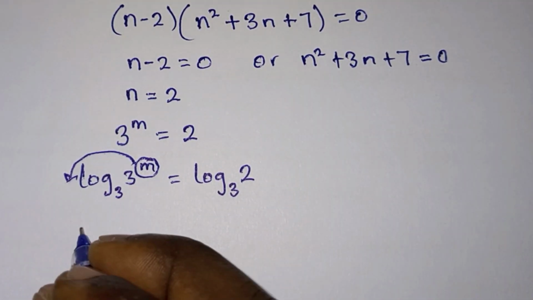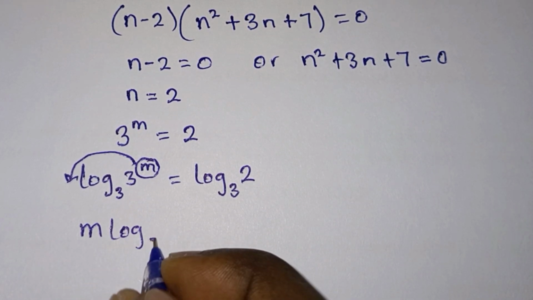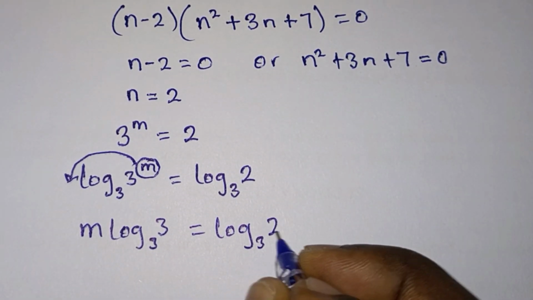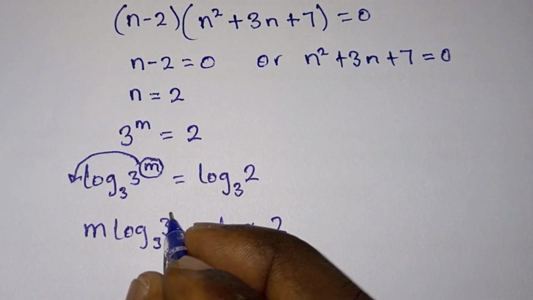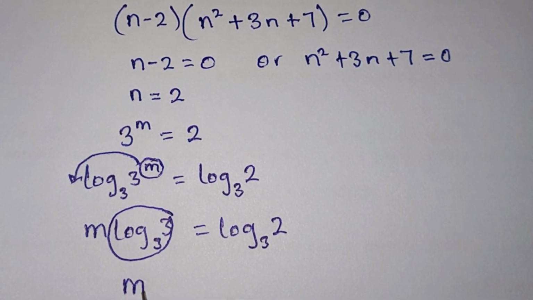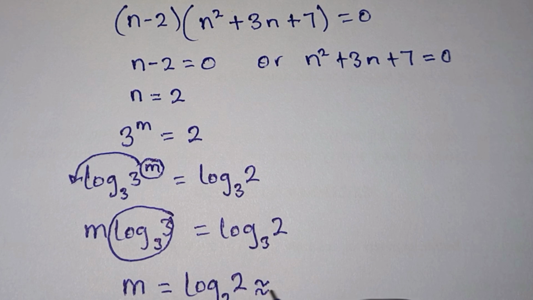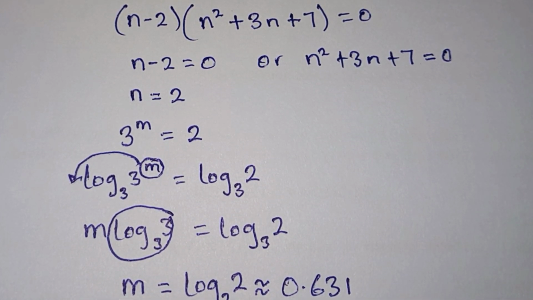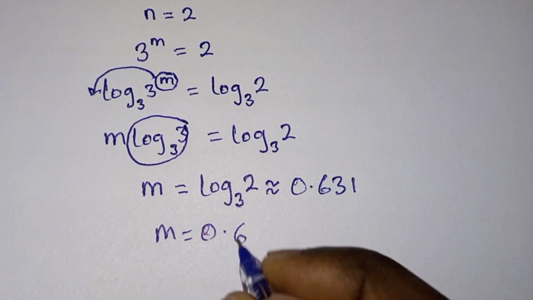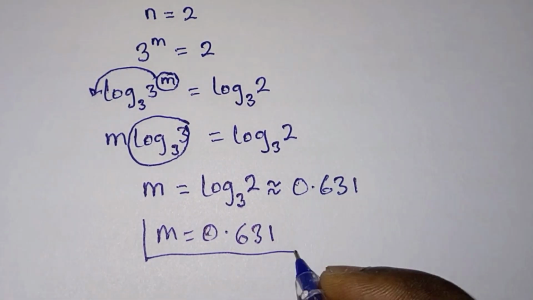So we're going to have m log base 3 of 3 is equal to log base 3 of 2. And we know that log base 3 of 3 here is 1. So we're going to have m is equal to log base 3 of 2, which is approximately equal to 0.631. So we have m is equal to 0.631 as one of the solutions.